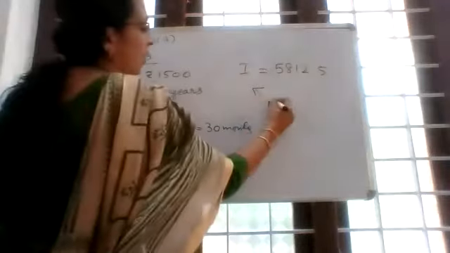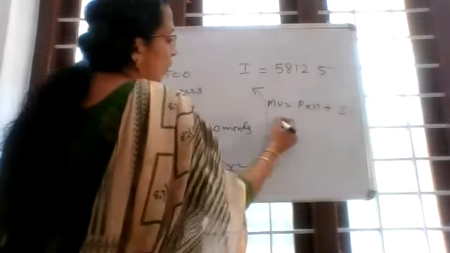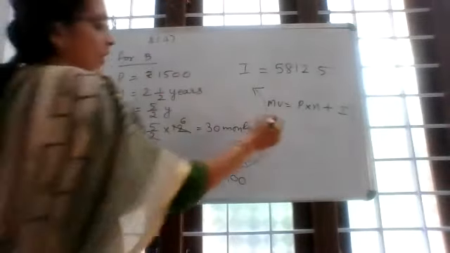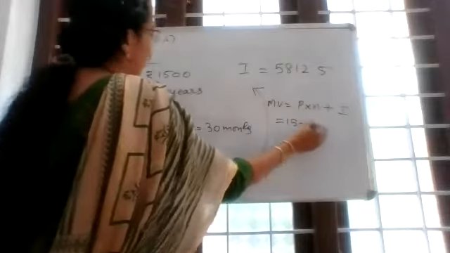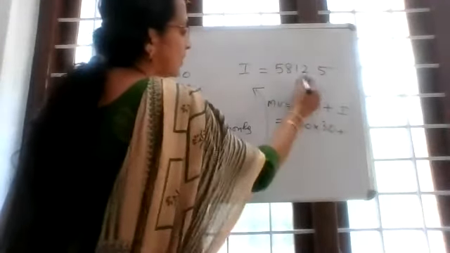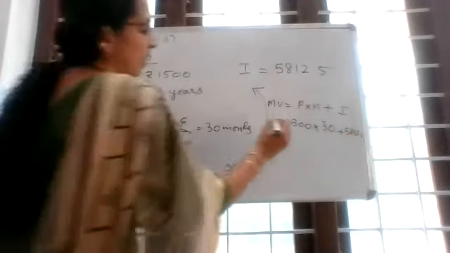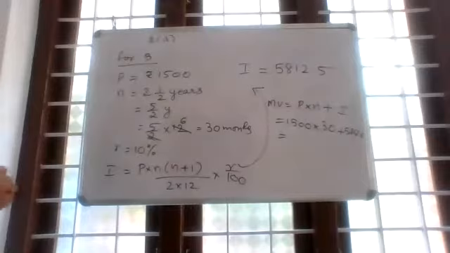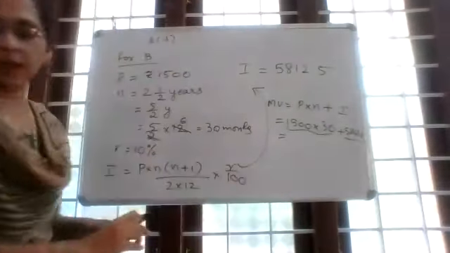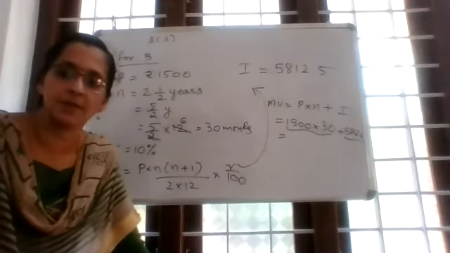Then maturity value is equal to P into N plus I. P is 1500 into N which is 30, plus I which is 5812.5. Add this calculation and find the answer. Do it as homework. Tomorrow, next day, we can discuss.